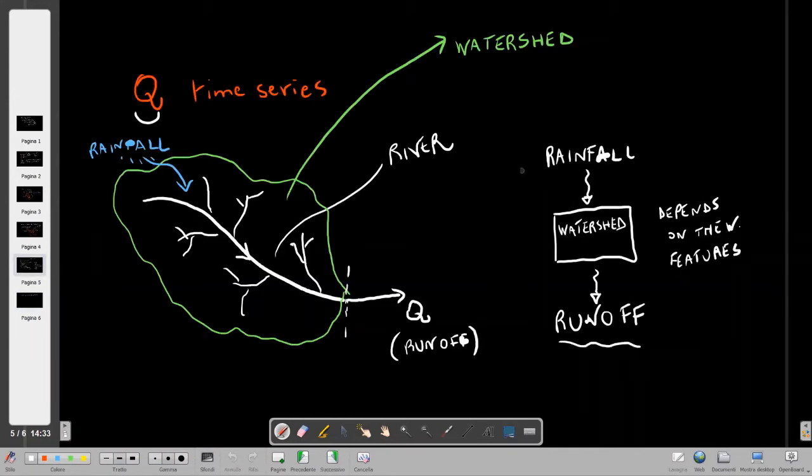Here, we need to try to understand the phenomenon related to the rainfall. Then we need to understand how the rainfall is transformed into runoff. And again, this aspect is related to the features of the watershed.